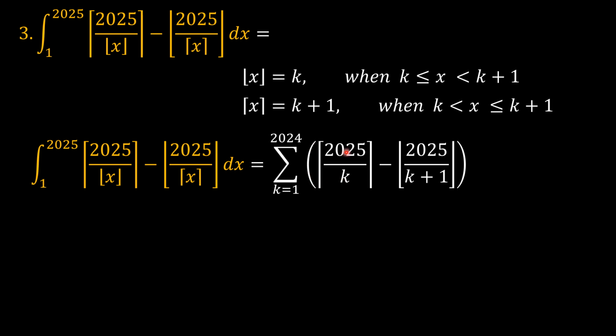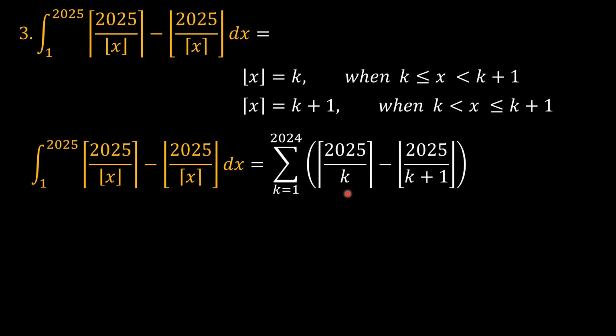So we have 2025 over k minus 2025 over k plus 1. This is important because we're beginning from 1, and from 1 to 2 this ceiling becomes 2, right? And in that interval the floor is just 1.